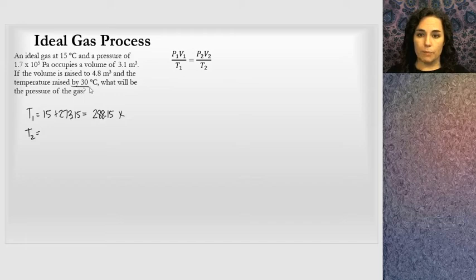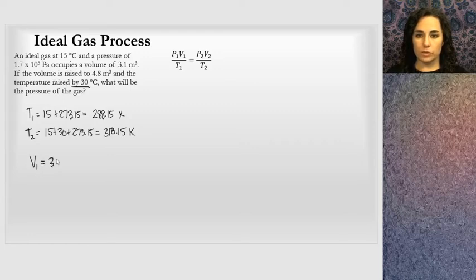I have a T2. It's raised by 30 degrees, so I have 15 plus 30 plus 273.15. So I'm going to add 30 to this number, which will be 318.15 Kelvin. So those are my two temperatures. I'm going to keep working through here. I have two volumes.